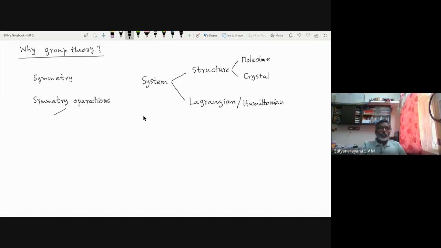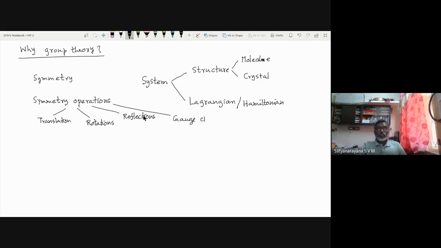These operations can be translations, or rotations, reflections, and a combination of these things. Or there are certain things called gauge transformations or gauge changes. Okay, in electrodynamics, you study some gauge transformations. So there can be several such symmetry operations.